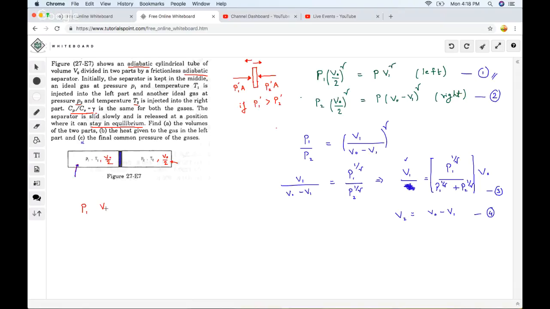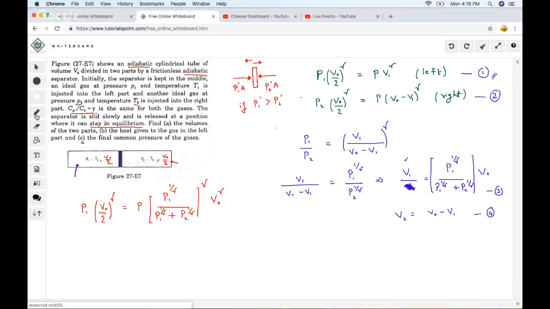So P1 into V naught by 2 raised to power gamma is equal to P into this entire expression raised to power gamma into V naught raised to power gamma.